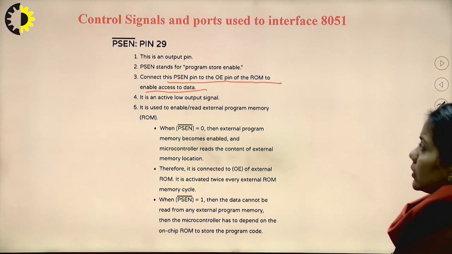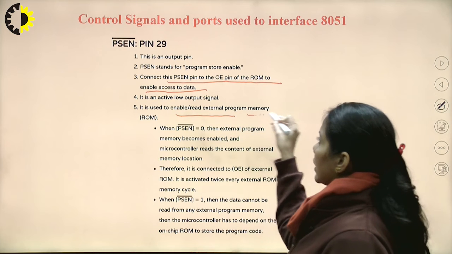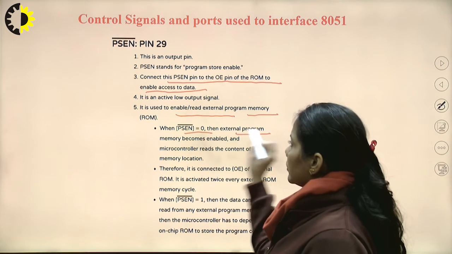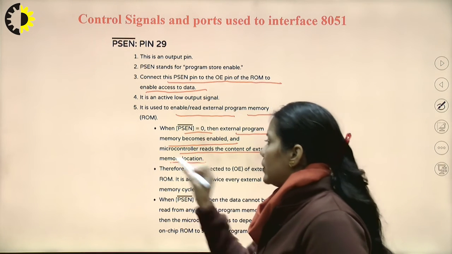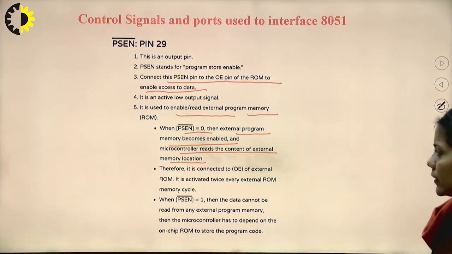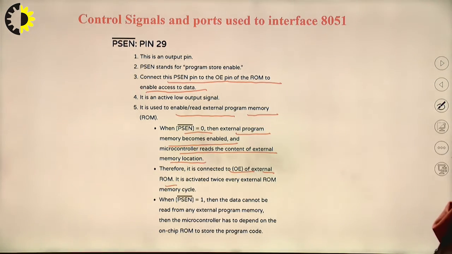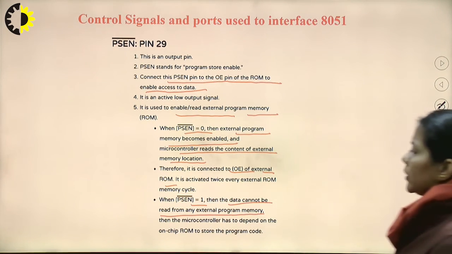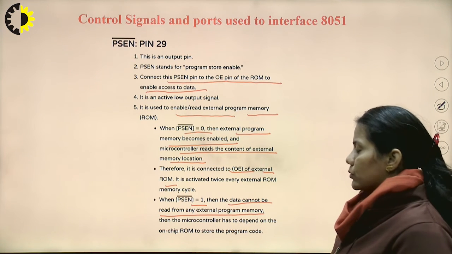It's an active low output signal, and it's used to enable or read the external program memory. So when it is 0, the external program memory becomes enabled and the microcontroller reads the content of the external memory location. That's why it is connected to the output enable of the external ROM. And when this is 1, the data cannot be read from any external program memory, and the microcontroller has to depend on the on-chip ROM to store the program code.